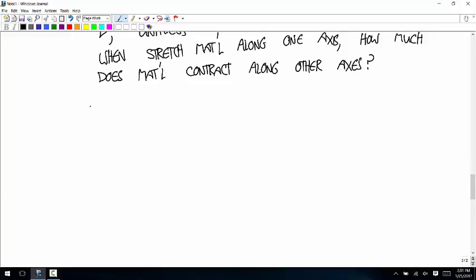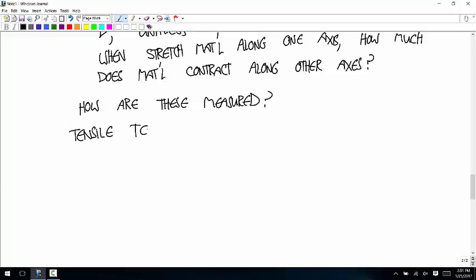So how do you calculate these? How are these measured? You take those measurements in a tensile test. The idea of a tensile test is you take some sample piece of material and you clamp the two ends.